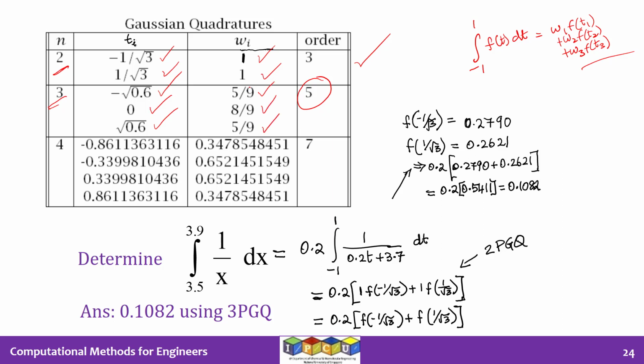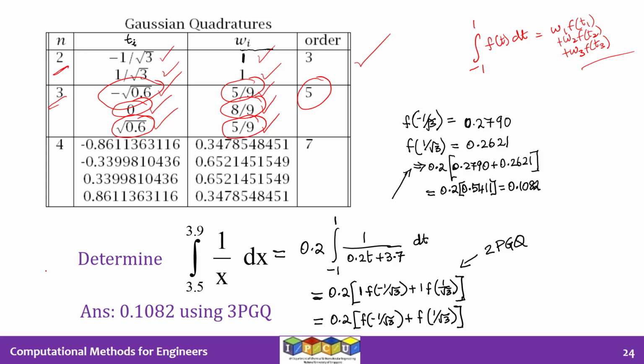So W1 is 5 by 9, T1 is minus square root of 0.6. W2 is 8 by 9 and T2 is 0. W3 is 5 by 9 and T3 is square root of 0.6. If you go for 4 terms on the right hand side, you would require 8 equations because of the 4 t's and the 4 w's.